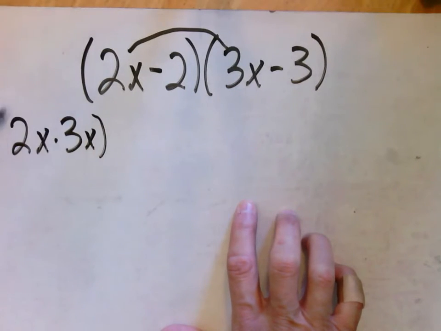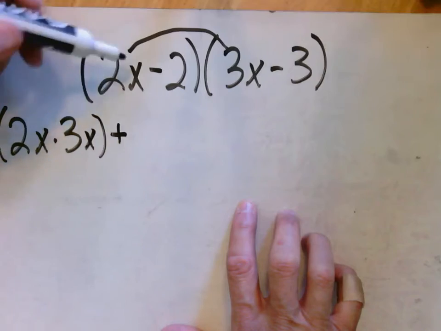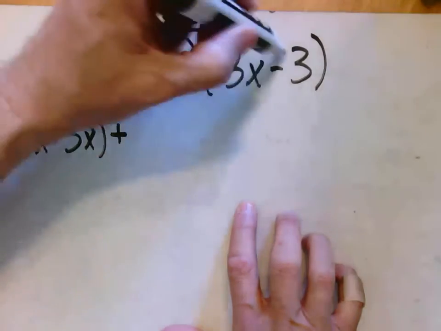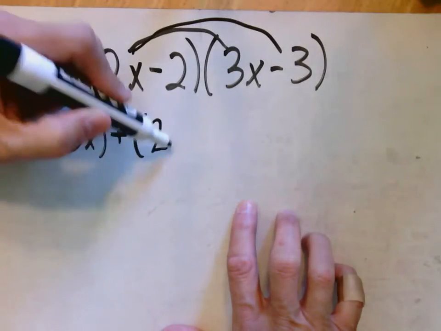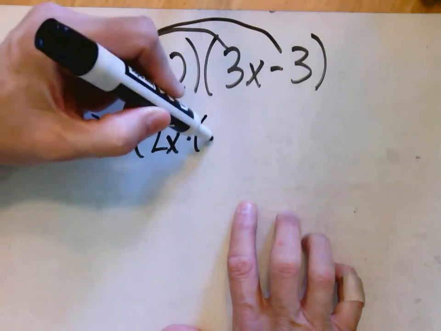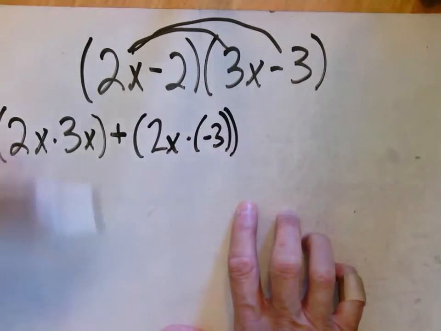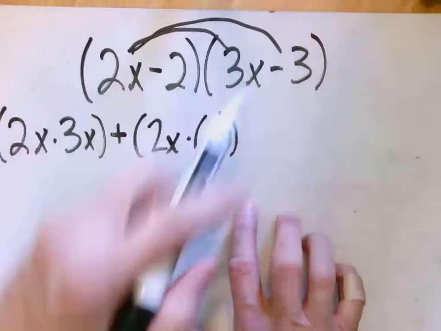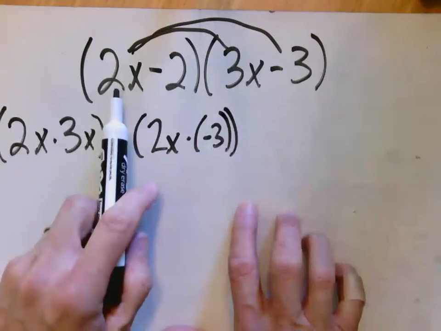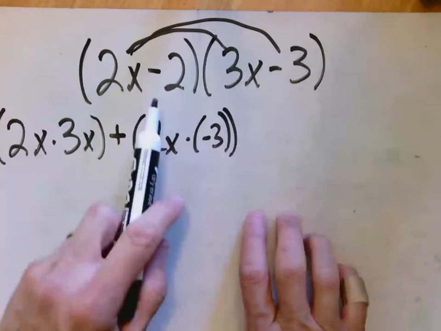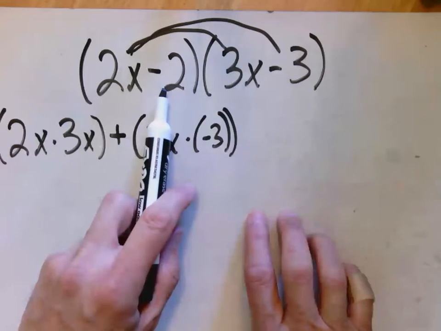That's added to 2x times negative 3. Okay. That's 2x. 2x times everything over here. Now we're going to multiply everything by negative 2x.